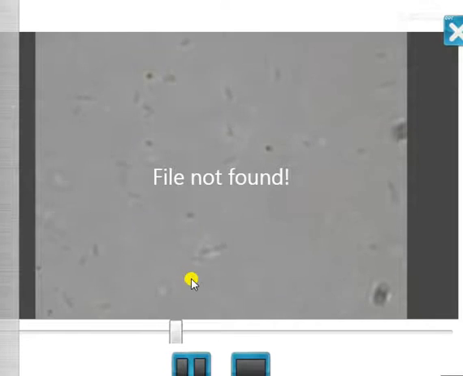This is the actual, real microscopic image or video taken from the microscope. A number of bacteria are moving.